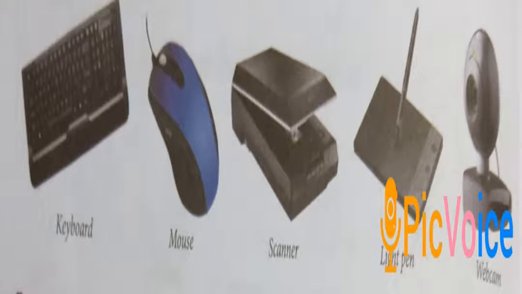In this stage, instructions and data are given to the computer with the help of input devices such as keyboard, mouse, scanner, light pen, webcam, magnetic ink character reader or MICR, optical mark reader or OMR, microphone are some input devices.